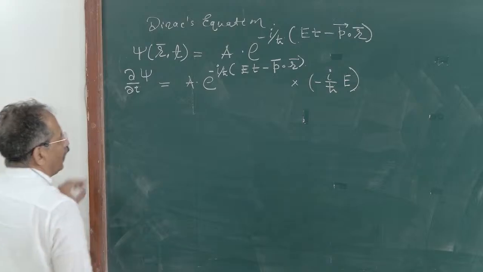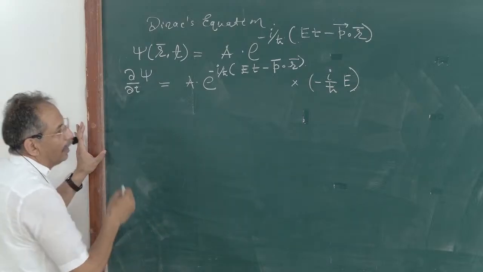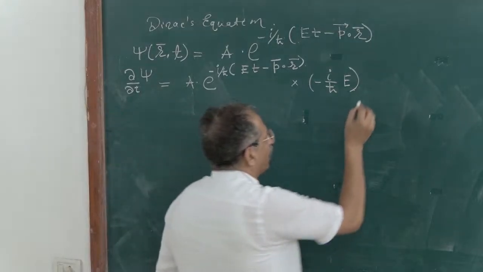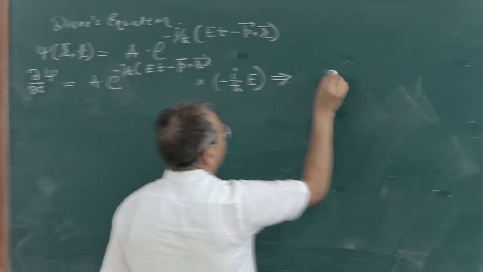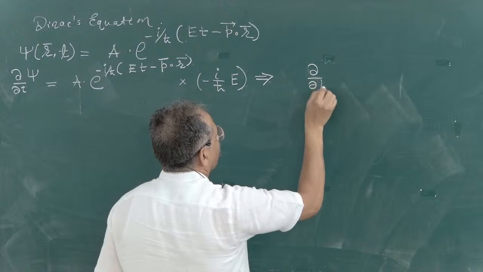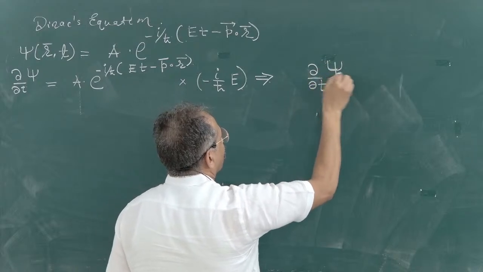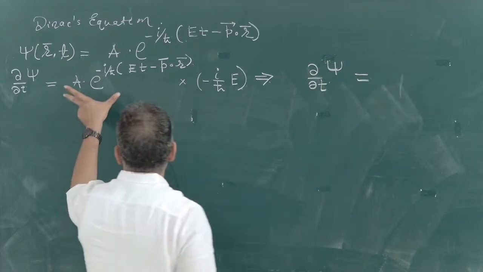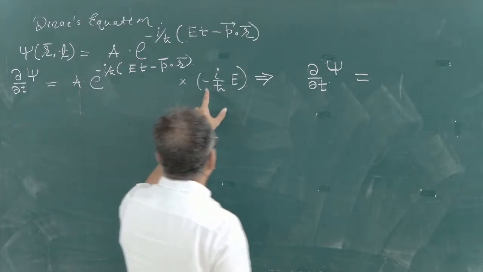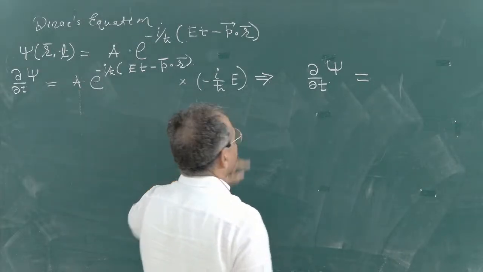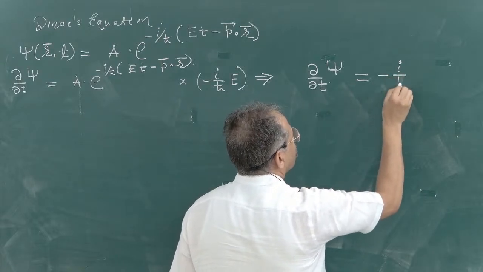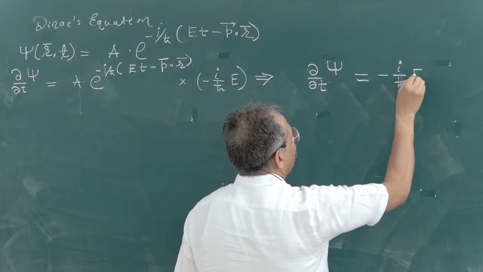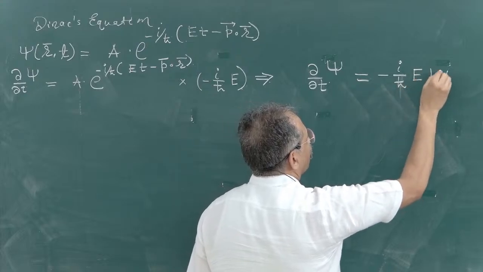Now let us rearrange this equation so that we can make the things a bit compact. Partial derivative with respect to t operated on wave function psi is equal to the same wave function psi into minus i upon h cross into E. So minus i upon h cross into E times wave function psi.